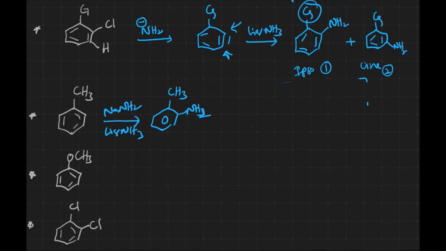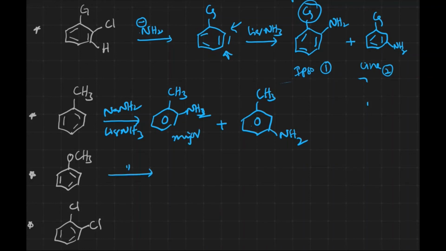And we'll also get the addition product at the meta position with respect to the methyl group, right? Sorry, it is NH2. Which is going to be the major one? I have already mentioned, if the group is a plus I group, then the first one, the ortho substituted one, is going to be the major one. This is the major one.